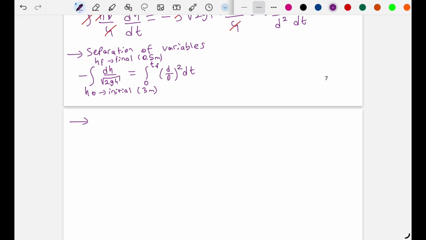And if we integrate this equation, eventually we will get 2 h0.